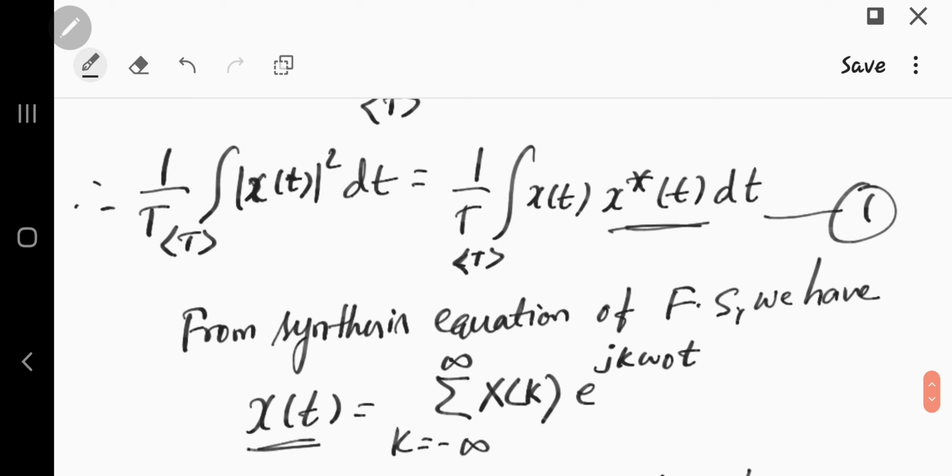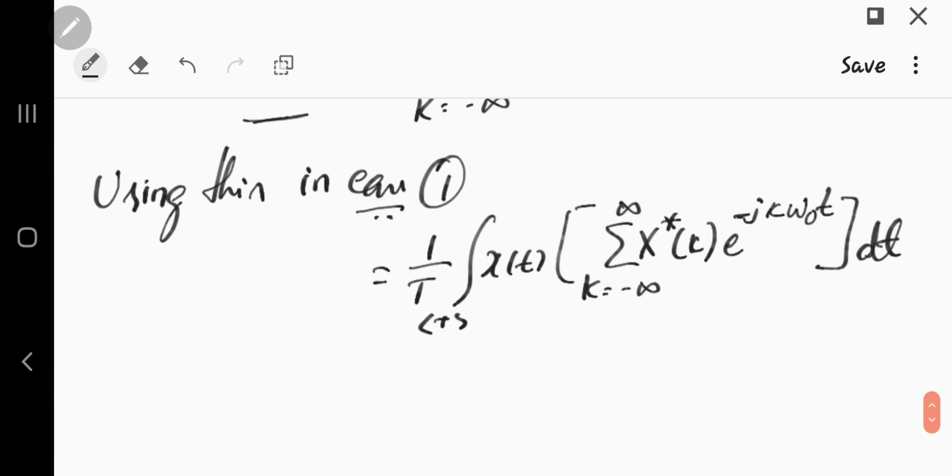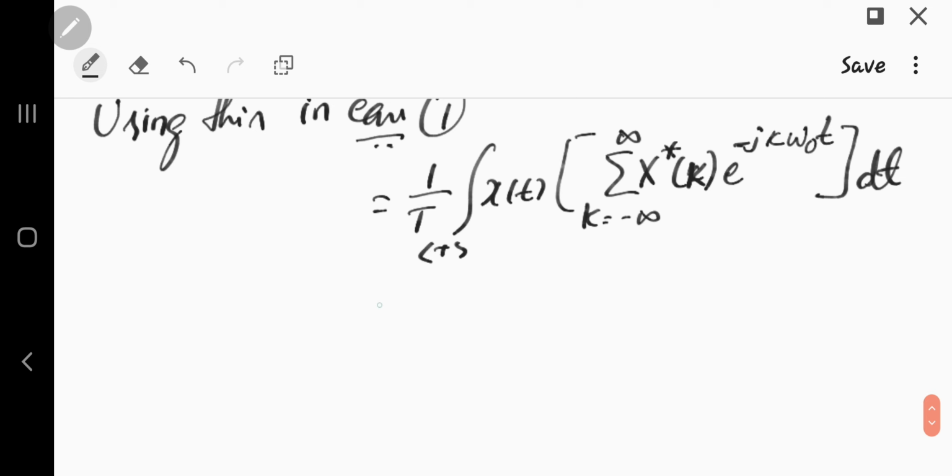So we have replaced this term with this expression from the synthesis equation of Fourier series. Now let's interchange the order of integration and this summation, since we have integration with respect to t here.